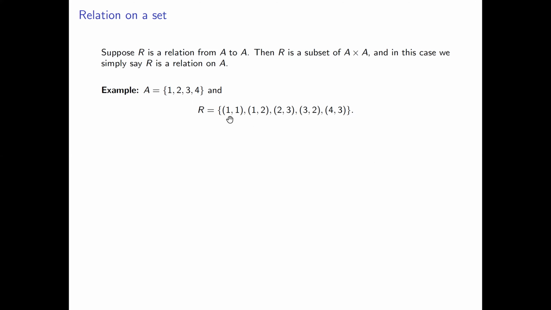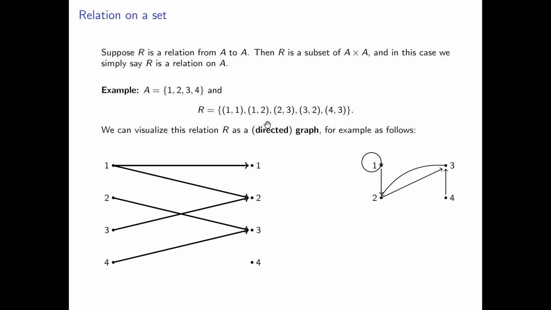And so there are some useful visual tools for understanding a given relation. In particular, we can visualize relations like this using graphs or directed graphs. When we move on to chapter 10, everything we're going to be talking about is graphs, so I'll go into more detail then.